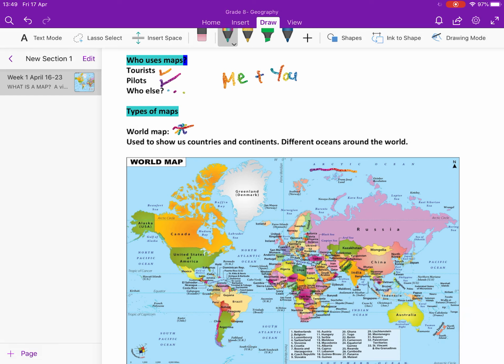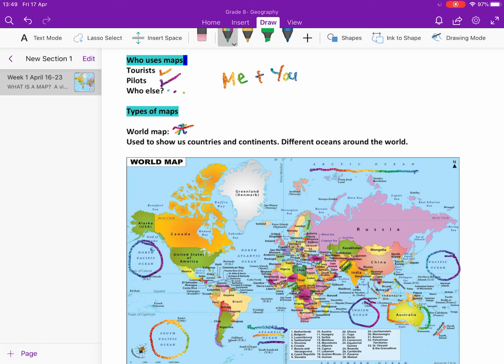For example, up here we can see the Arctic Ocean, down here is the South Atlantic Ocean, there's the South Pacific Ocean, North Pacific Ocean, Indian Ocean, and the Pacific Ocean. We can also see the different continents. Over here we can see Australia, for example.